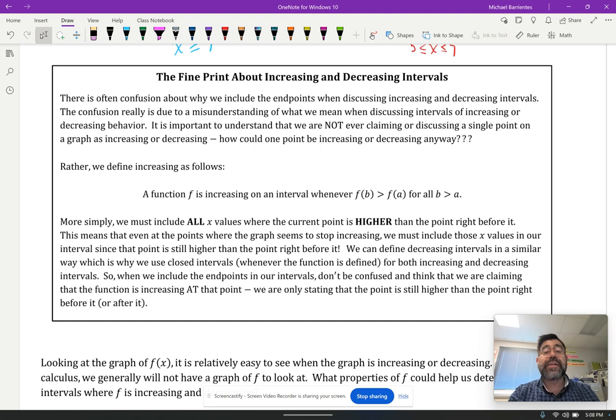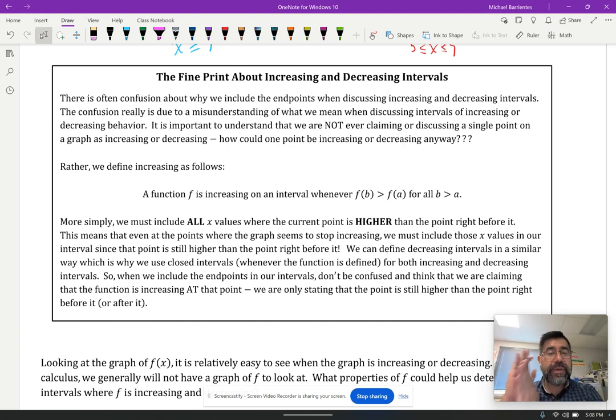When we talk about increasing and decreasing, we're never really talking about increasing or decreasing at a point. We're always talking about increasing, decreasing on a window of points, an interval. And so we include that point because in order to apply the definition of increasing or decreasing, we have to include the endpoints as well to be able to compare that to the next point.